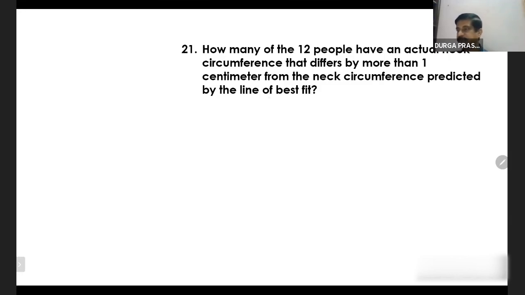So options are given as 12 people, 6 people, 5 and 10 people. So 12 is the total number of people. So do all differ by more than 1? That is very important. So let us check.